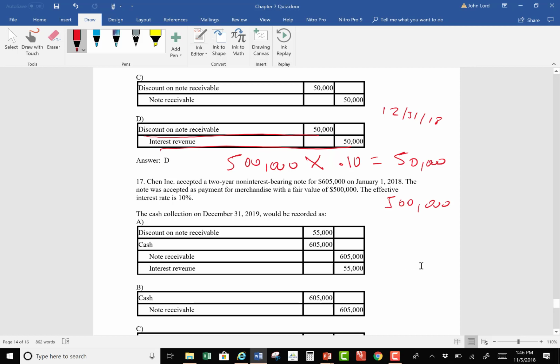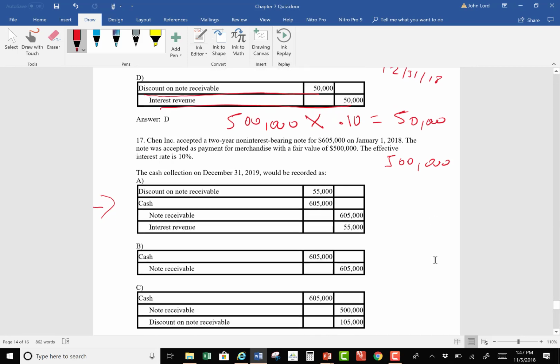Journal entry A here, which is debit the cash for the 605,000. We will debit the discount on the note receivable because we're getting rid of that, right? Credit the note receivable and take the interest revenue for year 2, which is the 55,000. So choice A.